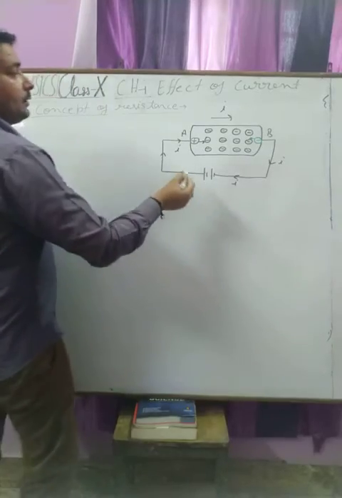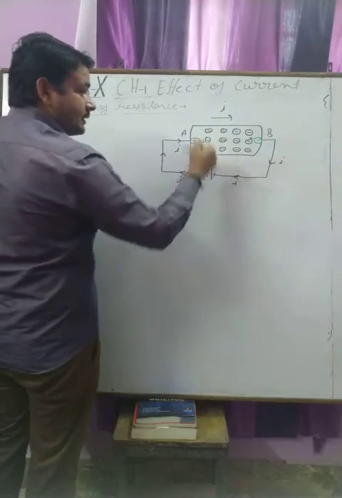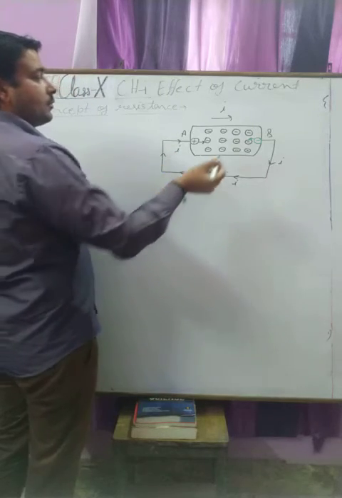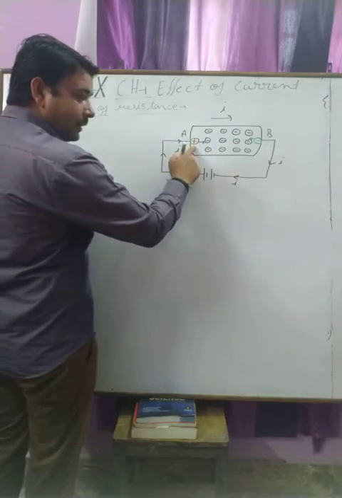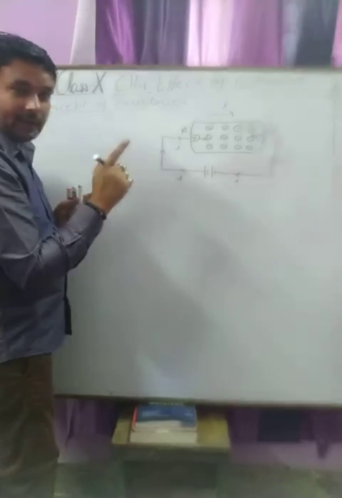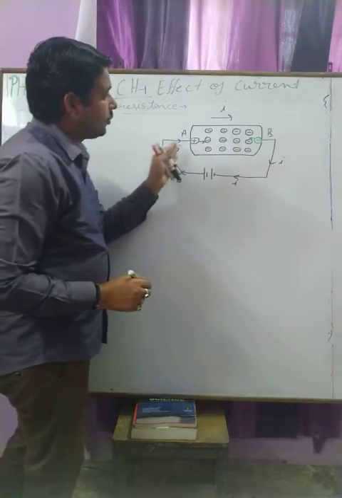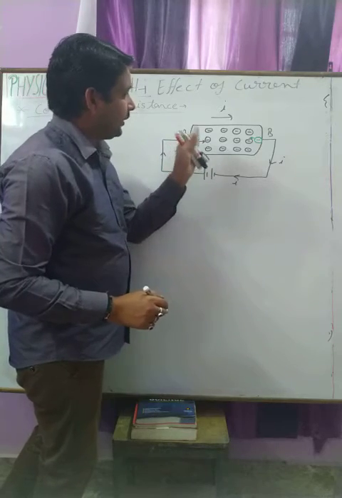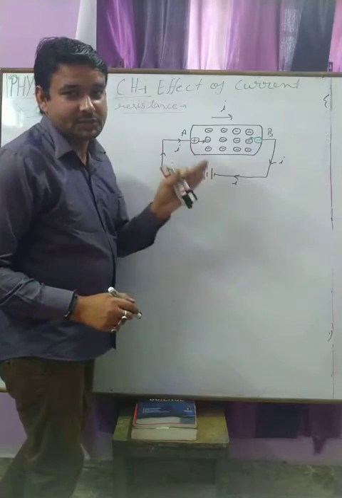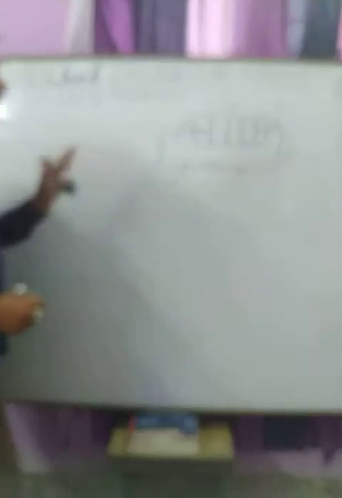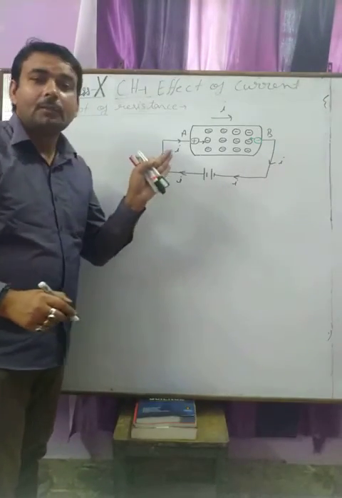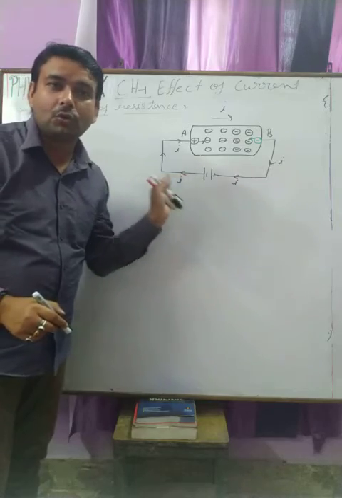This phenomenon of obstruction or collision of the electrons in the path of the moving charge from A to B is called resistance. So what is resistance? Resistance is the obstruction offered by the conductor in the flow of current.